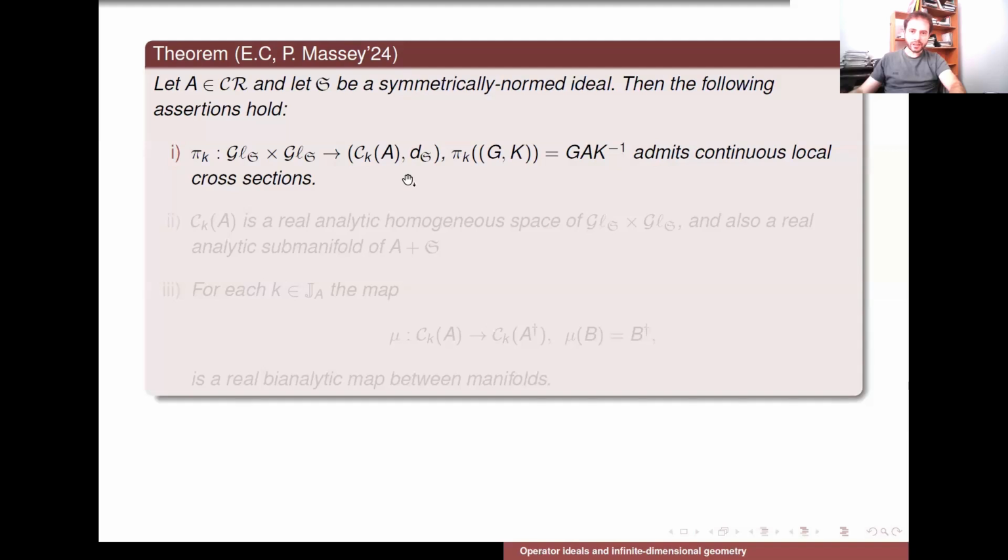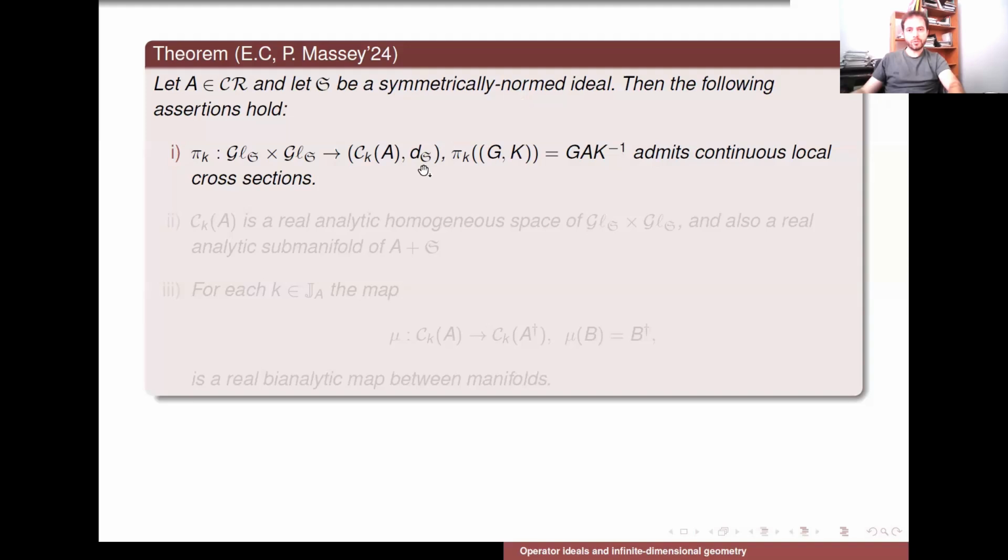I would like to point out here that the topology we are considering is the natural topology in this setting, in contrast to the result by Corach, Maestripieri, and Mbekhta in the setting of all bounded linear operators, where they had to put a metric involving the projections onto the null spaces.